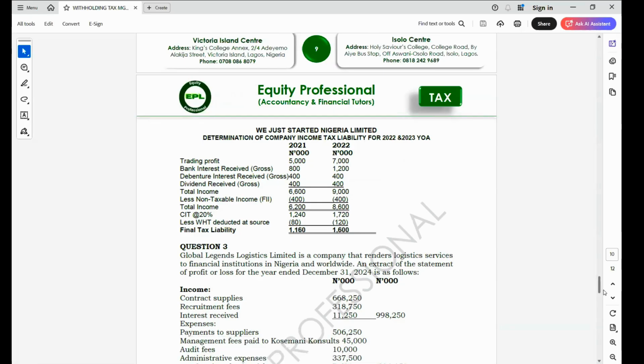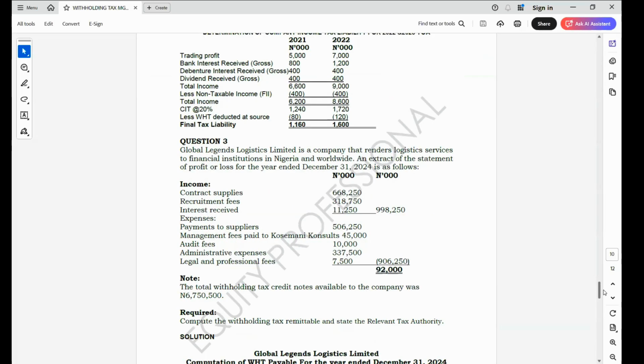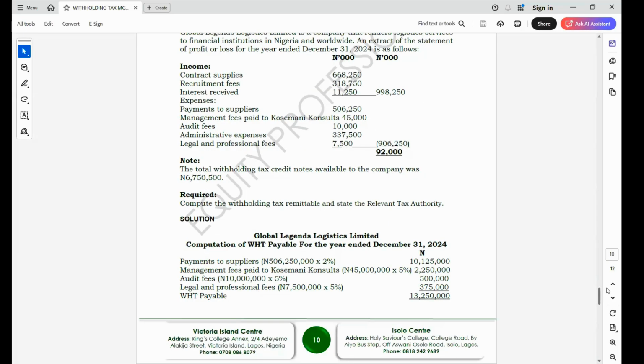We have expenses: payment to supplier, management fee paid, administrative expenses, legal and professional fee. Compute the withholding tax remittable and state the relevant tax authority.